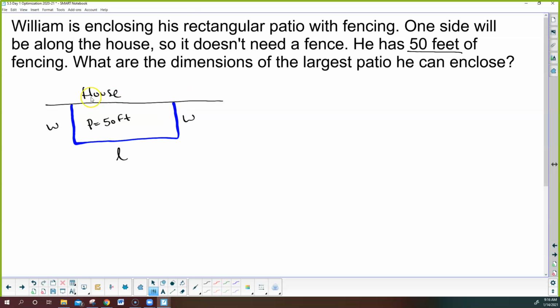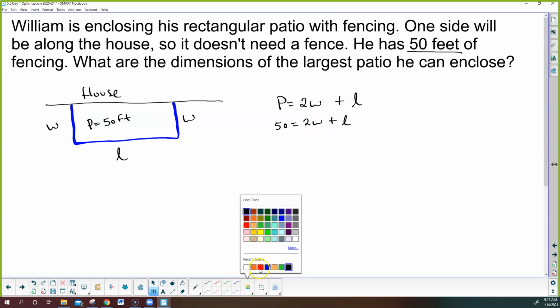And we're not putting fencing along the house. So I have an equation for perimeter. Two W's, two of the widths, plus one length is equal to perimeter. And then we actually know that the perimeter is 50. Okay?